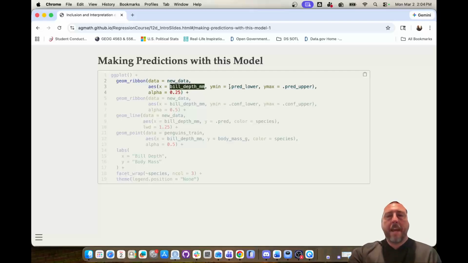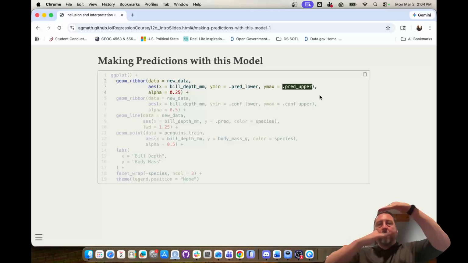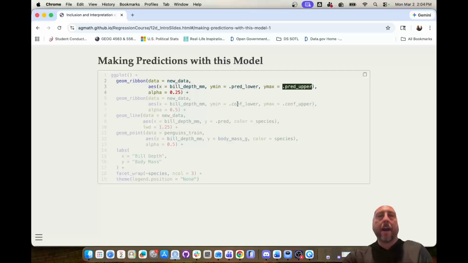And then I want a band stretching from the lower bound for my prediction interval all the way up to the upper bound for my prediction interval. So I'm going to get a band of values here where I think the penguin body mass will live at a particular threshold for bill depth. And then I'm going to make this slightly, or quite a bit, transparent.